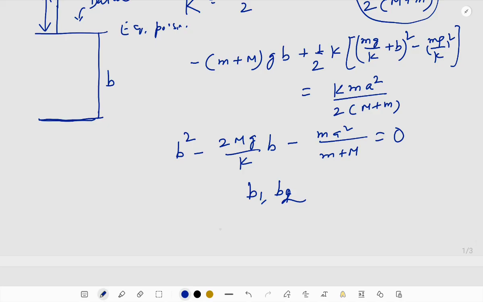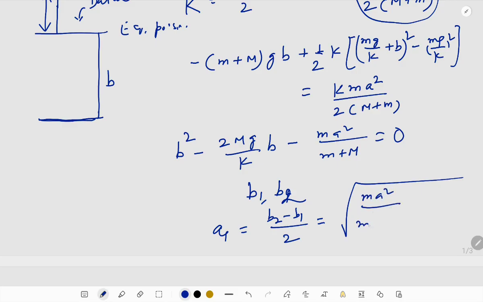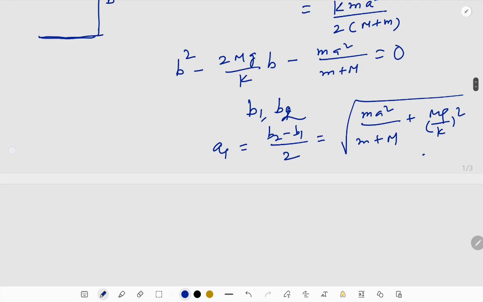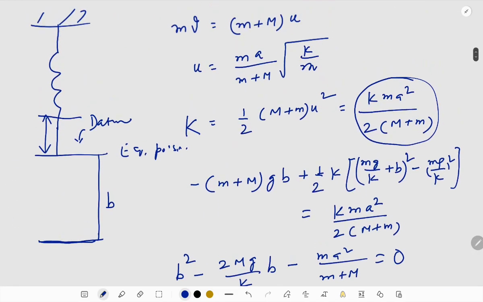If b1 and b2 both qualify as positive lengths, then you should write the new amplitude of oscillation simply as (b2 minus b1) by 2, and that will be your answer. And the answer I know in this case is the square root of m a square by (m plus m) plus (mg by k) square, and you can solve it like this. Thank you very much for watching.